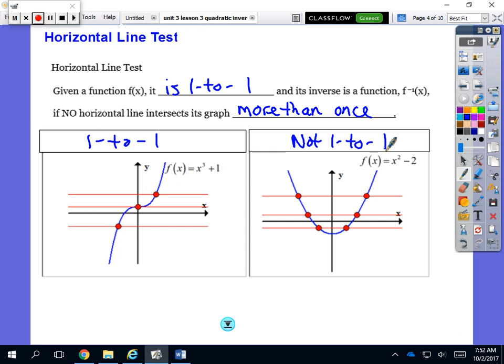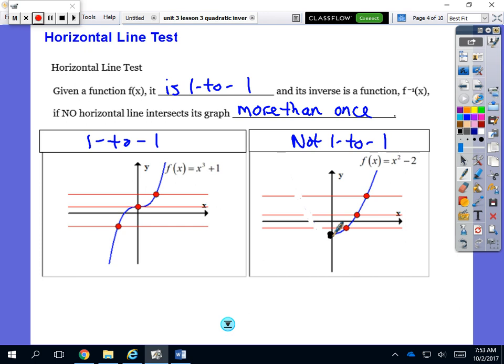Now, how do we make it one-to-one? Well, if you remember, we just took out this half of the graph, and we made it one-to-one by eliminating that whole half of the domain. So all the x values below the vertex are eliminated from the domain.